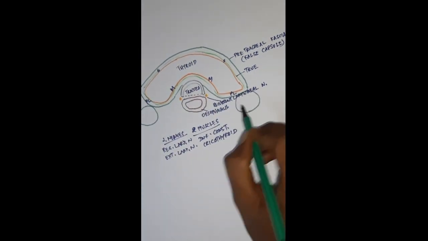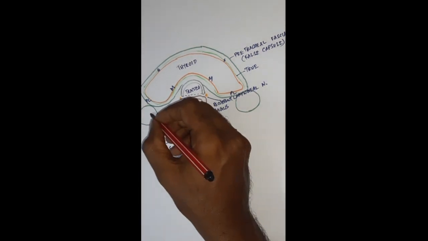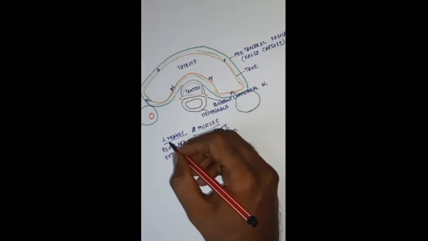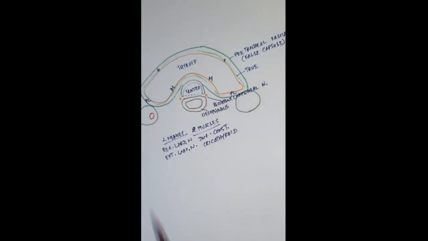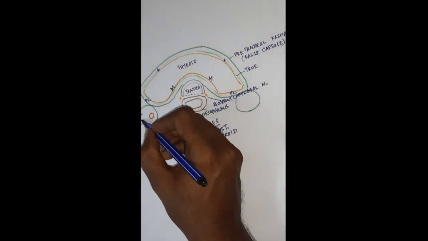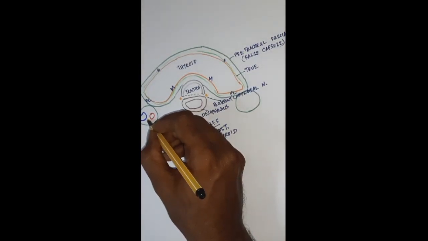You might know very well that the carotid sheath contains the common carotid and internal carotid artery, not the external carotid artery, and on the lateral aspect the internal jugular vein, and a nerve in between and posterior to it.